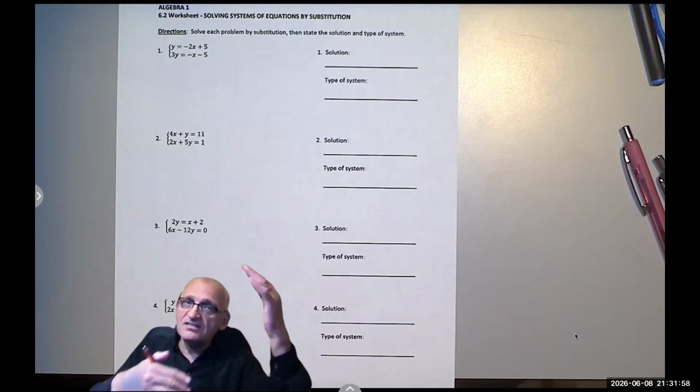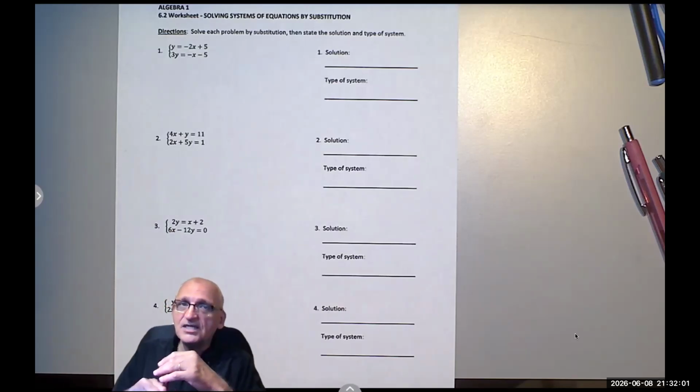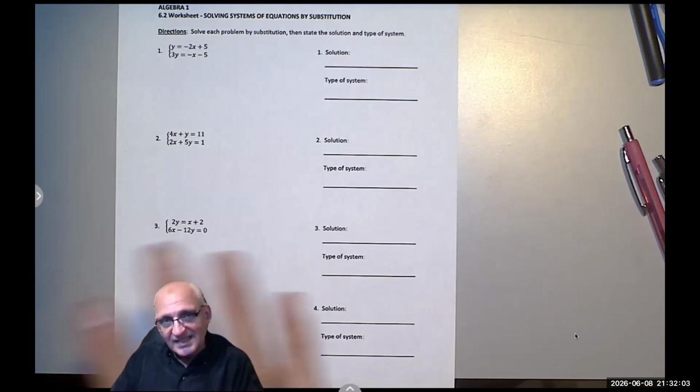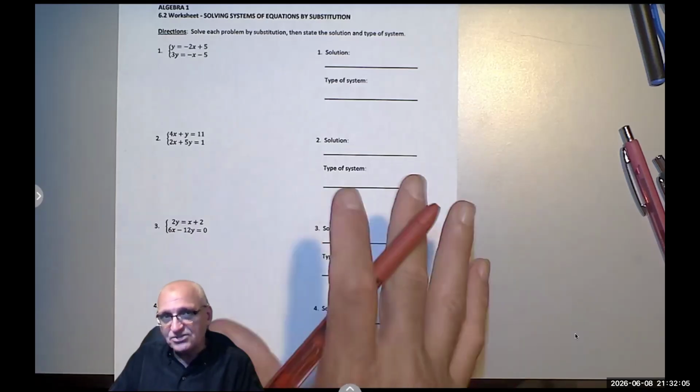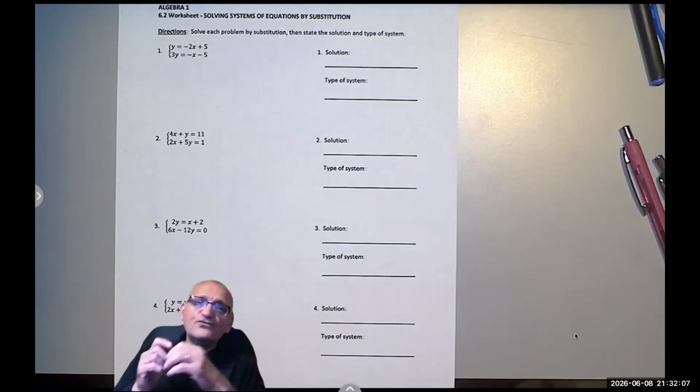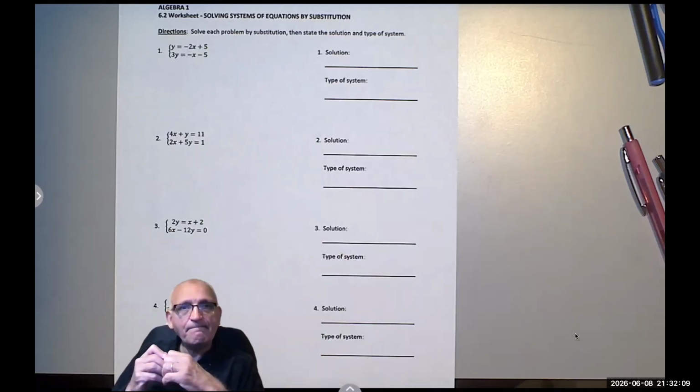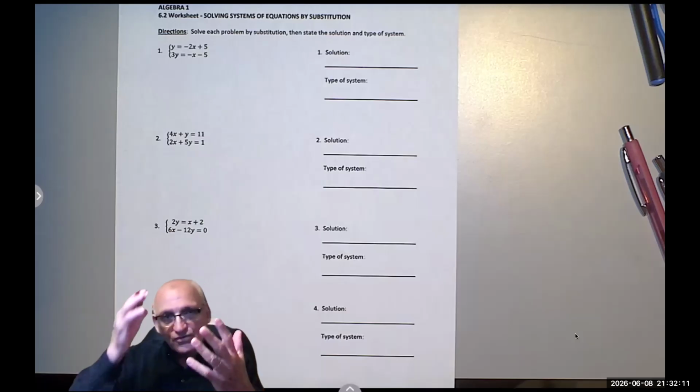Okay, not necessarily the same sequence you are going in class, but I want to get down with the integer numbers, and then we move to fractional and decimal. So I don't confuse you.